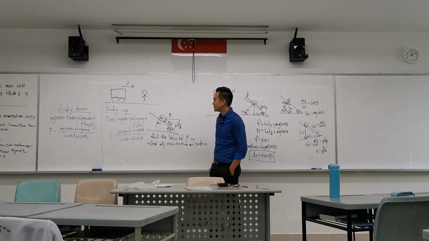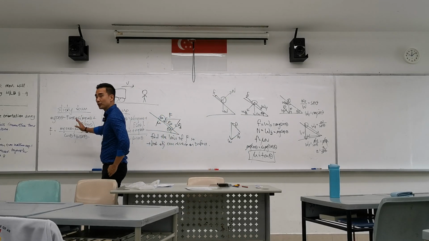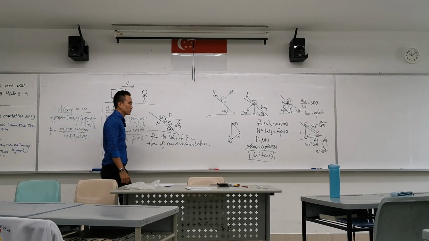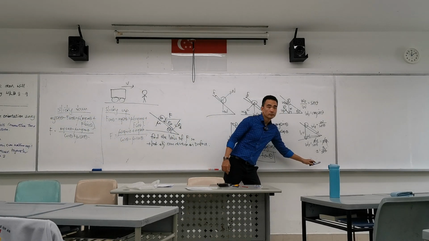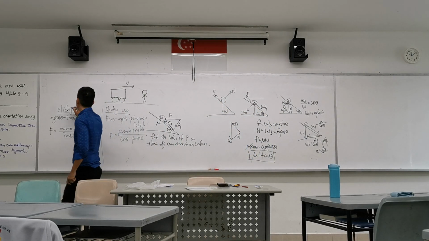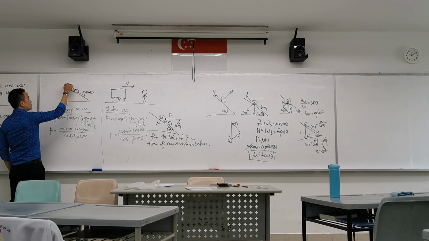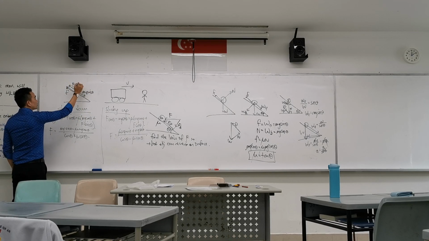Now, what on earth is happening here? Let me explain this so that hopefully you can make sense of it. If it is sliding down, what's the direction of friction? Down or up? Up, yes, correct. So therefore, this is mg sine theta, this is the frictional force, and this is your F cos theta.